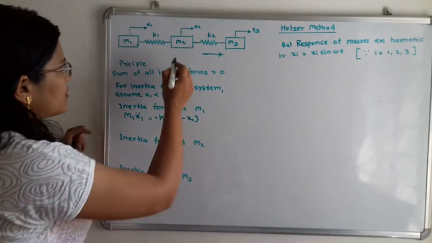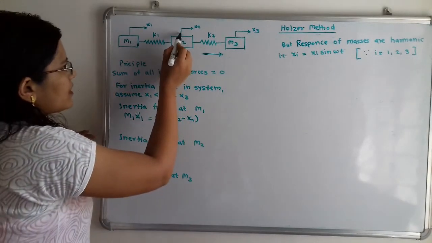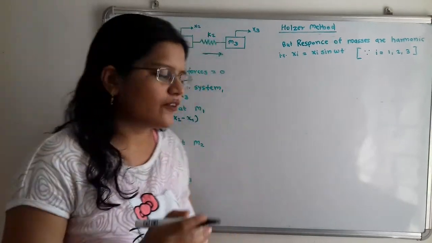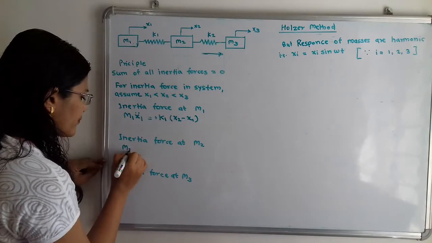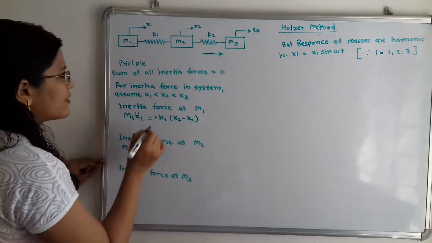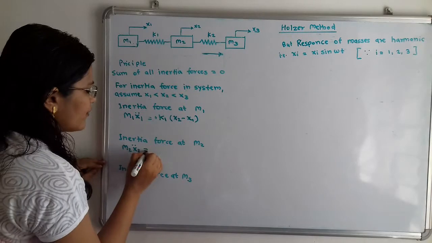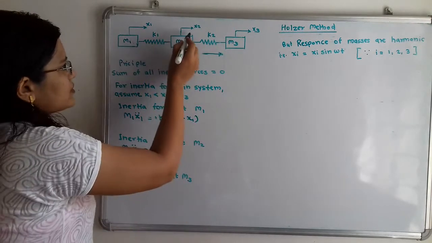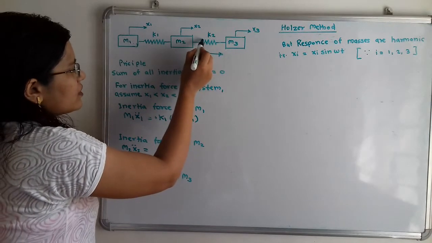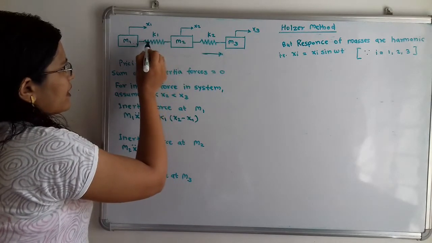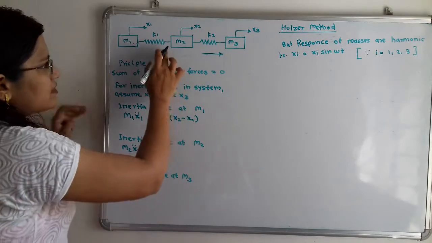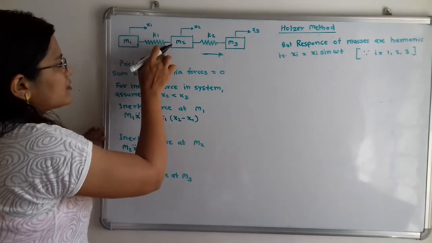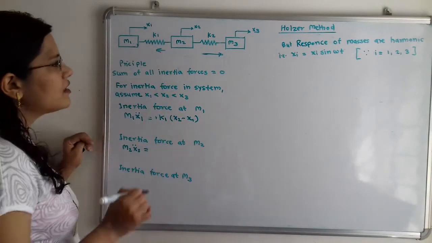Now the inertia force at m2. If we observe here, for m2 the displacement is x2. So how are we going to write this inertia force? That is m2 x2 double dot, the double derivative of the displacement x2, which is equal to the spring forces. For this mass m2, on the right hand side spring K2 is there, and on the left hand side spring K1 is there. The system is moving towards the right hand direction, but the spring force of K1 is on the left hand side, that is in the opposite direction.